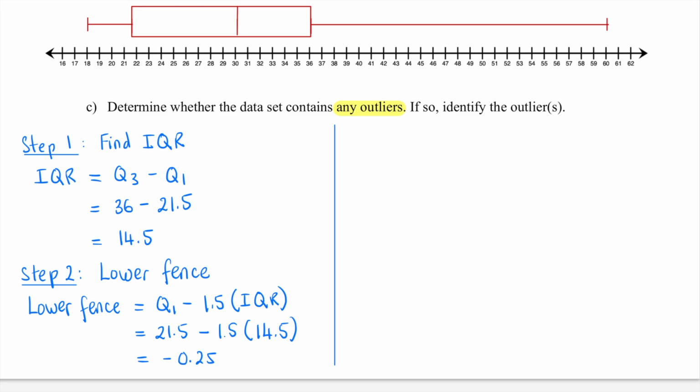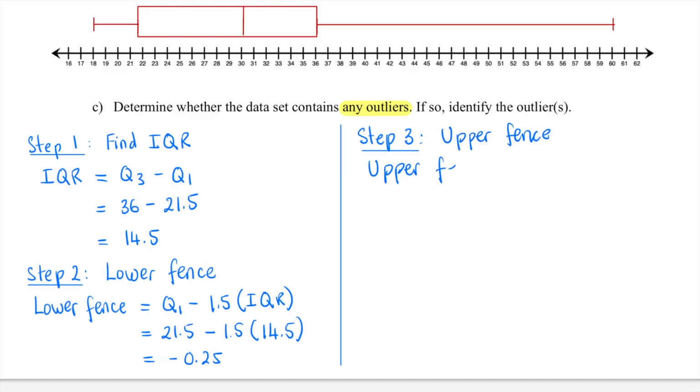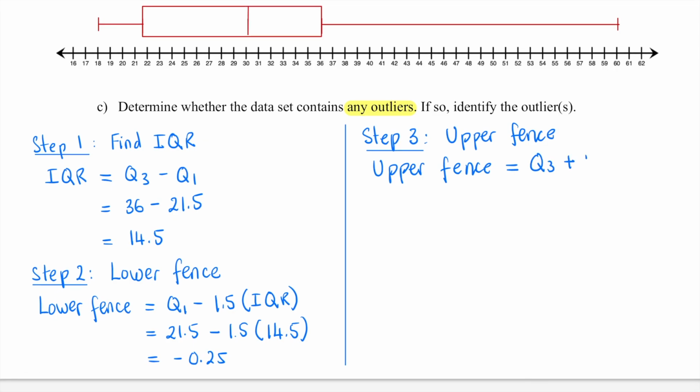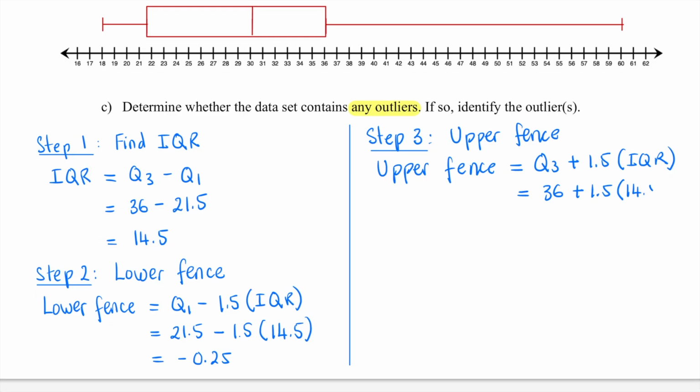Step 3, find the upper fence. Upper fence equals Q3 plus 1.5 times IQR. Q3 is 36 and IQR is 14.5. And 36 plus 1.5 times 14.5 is 57.75.